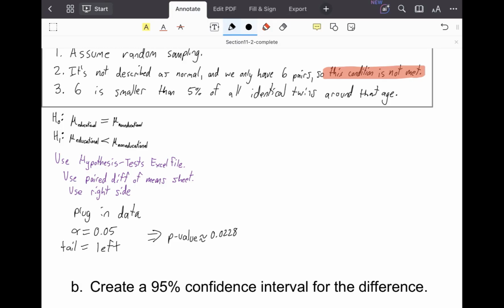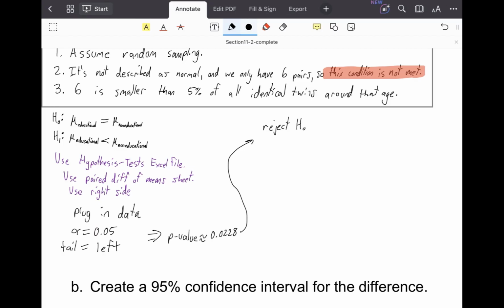Okay, so the p-value is 0.0228, so 2.28%, which is small. In this situation, we reject the null hypothesis.